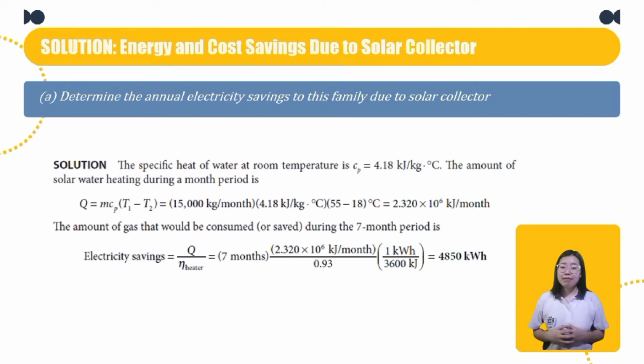Solving this, we will arrive at 2.320 times 10 raised to 6 kilojoules per month. We need to multiply it by 7 since what we are computing is for a 7-month period. Then, we can already do direct substitution and compute for the electricity savings. To have the answer in kilowatt hour, we can use the conversion factor: 1 kilowatt hour is equal to 3,600 kilojoules.